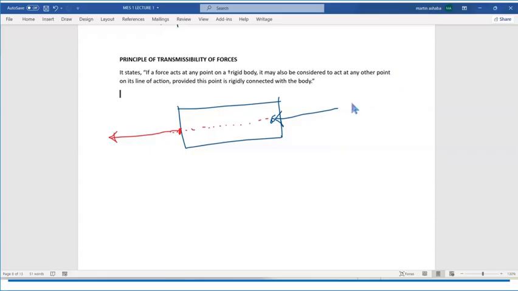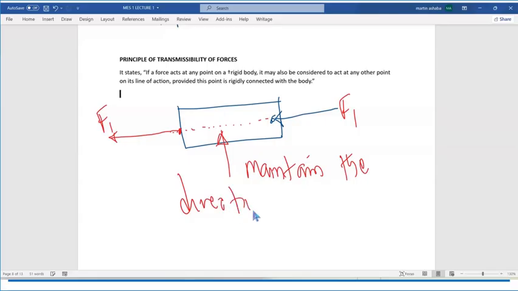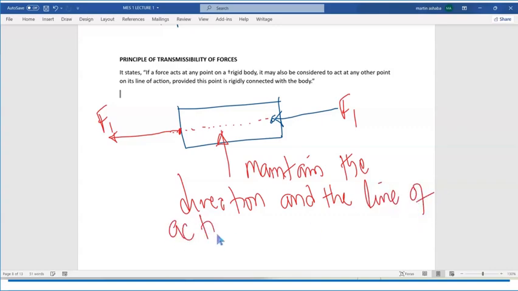So if this was F1, then we would just bring it outside here and it becomes F1. So maintain the direction and the line of action. That's what the principle of transmissibility tells us, and we shall be using it in a number of areas as we go along in this mechanics.